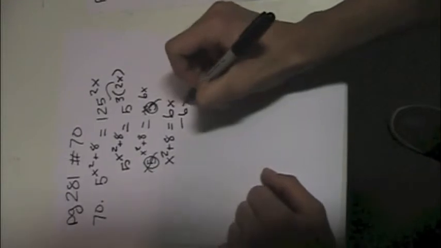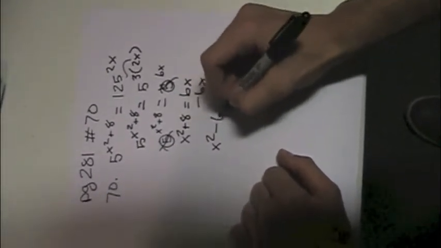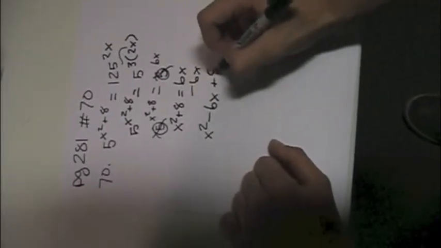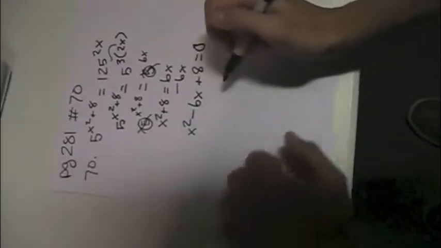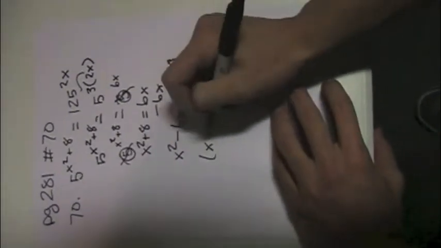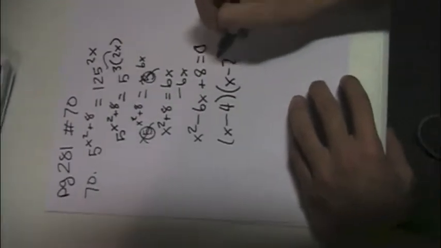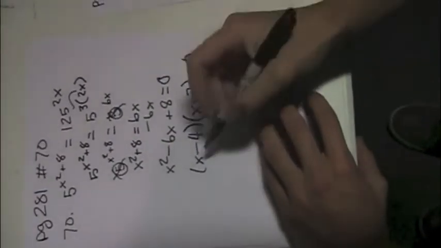We subtract 6x from both sides and get x squared minus 6x plus 8 equals 0. And when we factor this, we see that x minus 4 times x minus 2 equals 0.